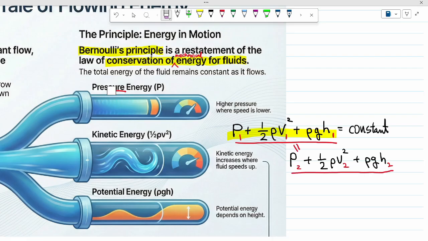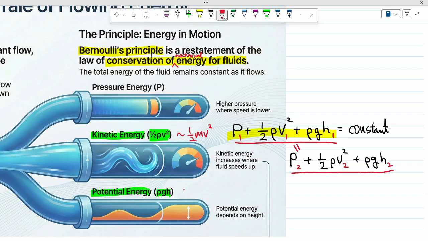And in the infographic, we associate two of these terms with something that you are already familiar with. 1/2 rho v squared, we associate that with the kinetic energy, and rho g h, we associate that with the potential energy. And I hope you see the resemblance. Before, when we were talking about kinetic energy, we looked at 1/2 mv squared.